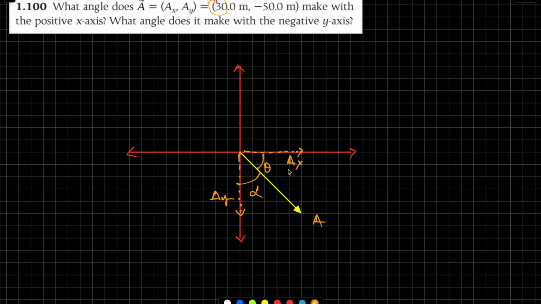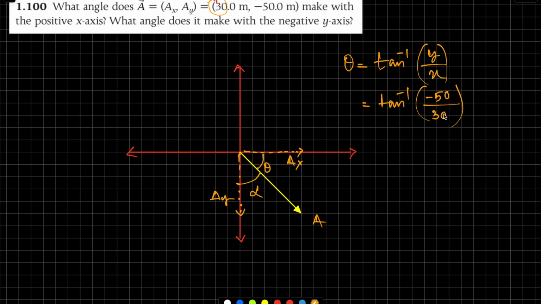So let's find theta. To find theta, we can use tan inverse y over x. Tan inverse of y component minus 50 over x component 30.